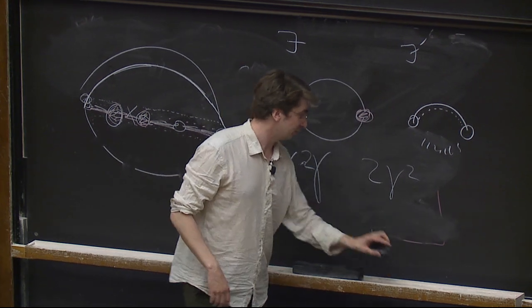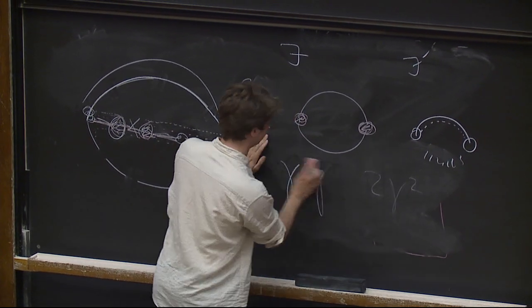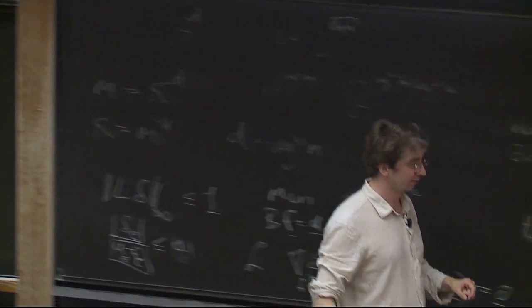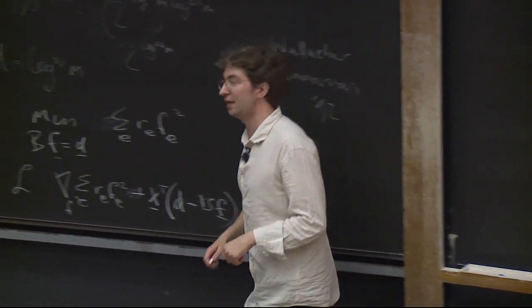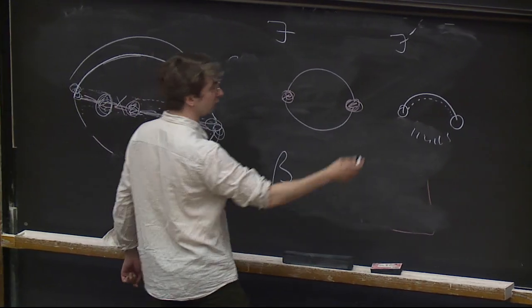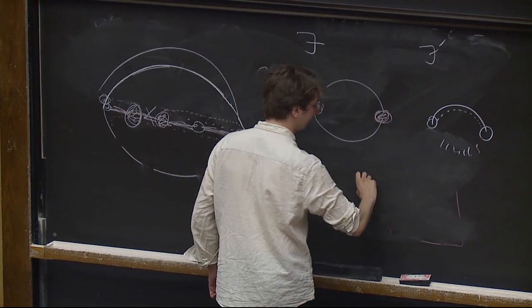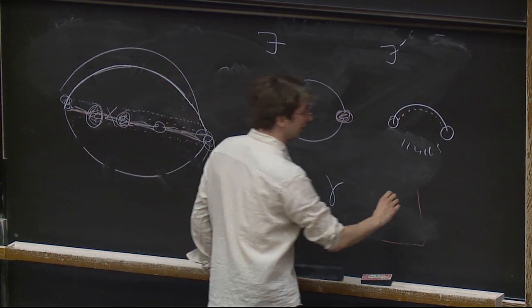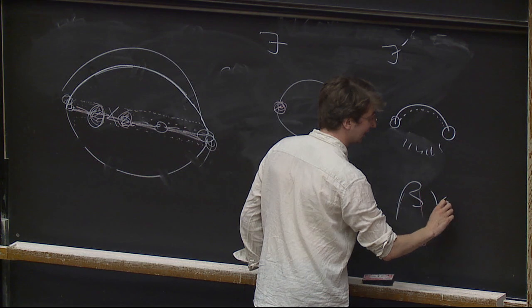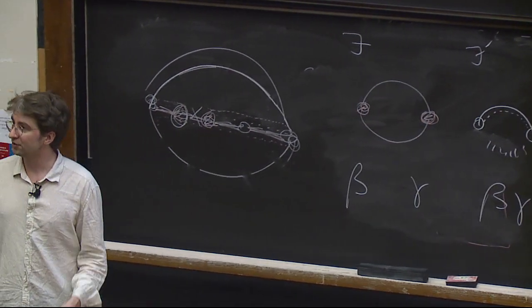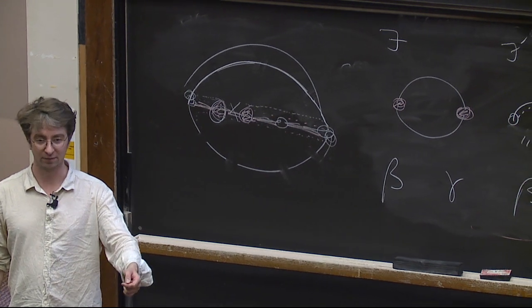More generally, if you started with a spanner with quality beta, and then you repair it in this way with a routine that has quality gamma, then you get a spanner with quality beta gamma times 2.